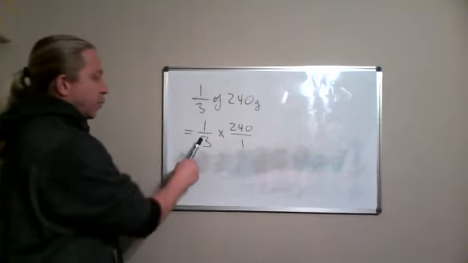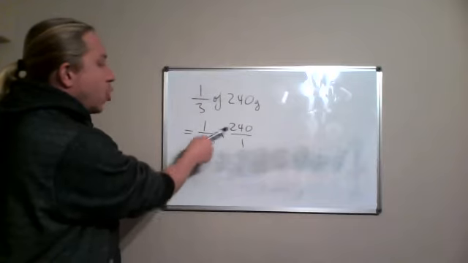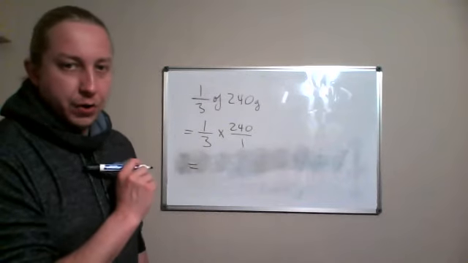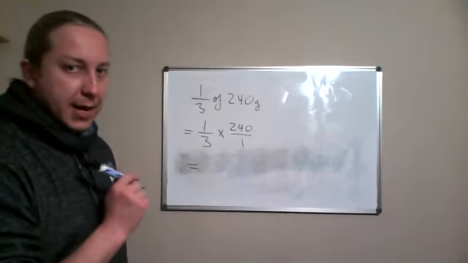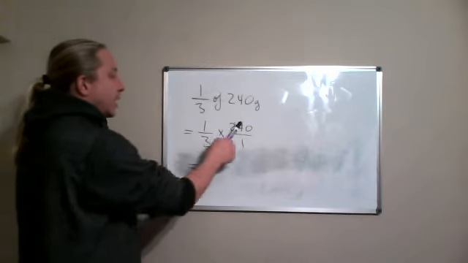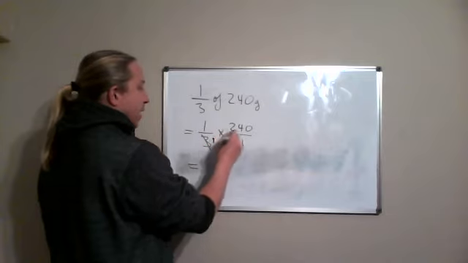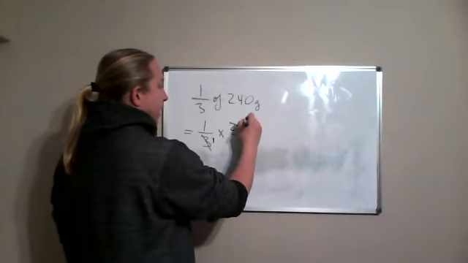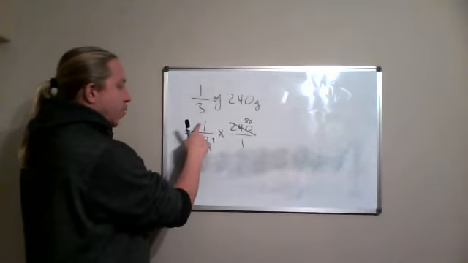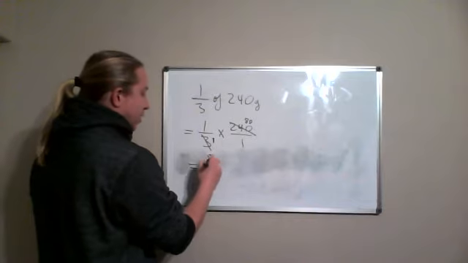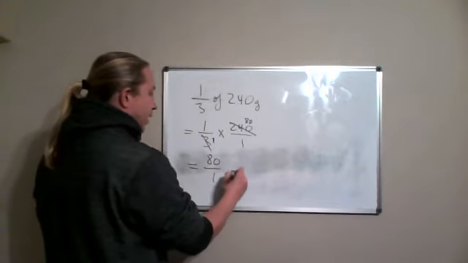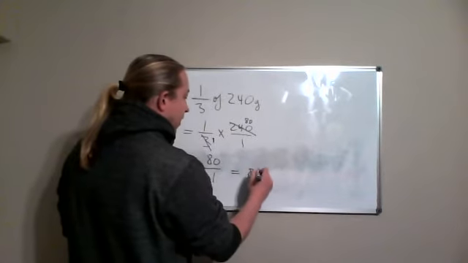Can we simplify this? Does 3 go into 24 or 240? The answer is yes. It goes 8 times or 80 times. So we divide by 3, we get 1. Divide by 3, we get 80. 1 times 80 is 80, over 1 times 1 is 1. So the answer is 80.